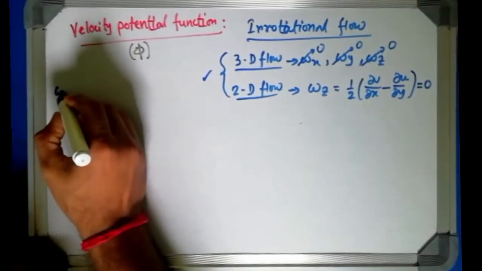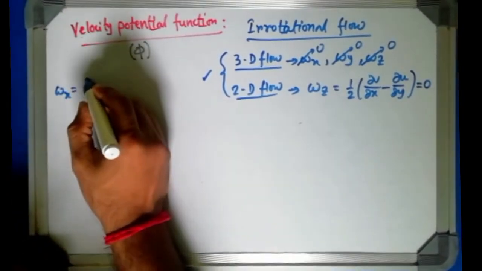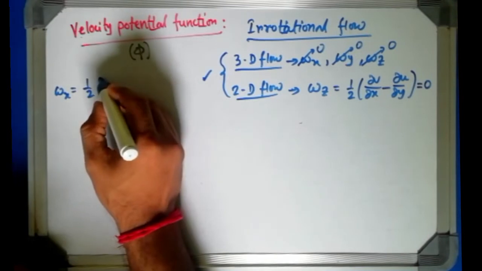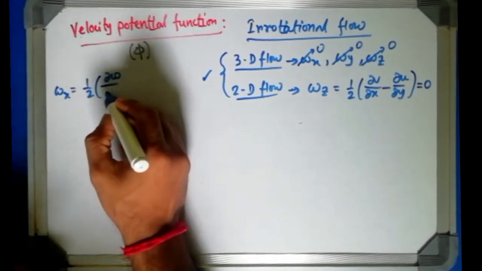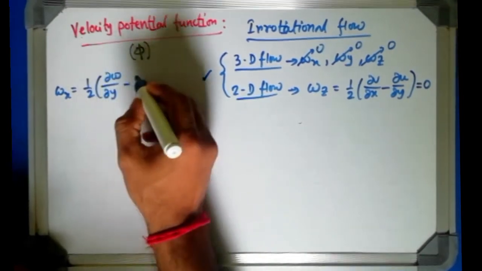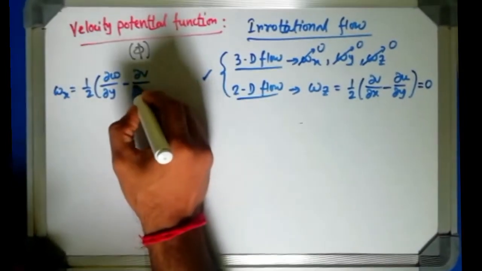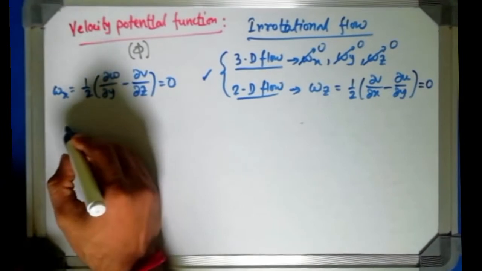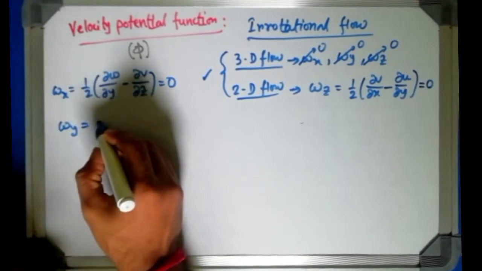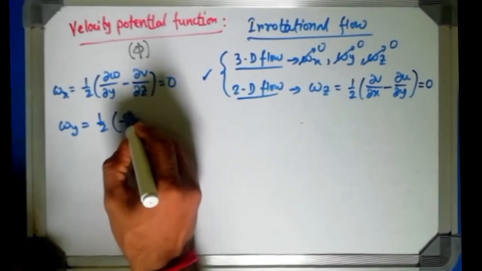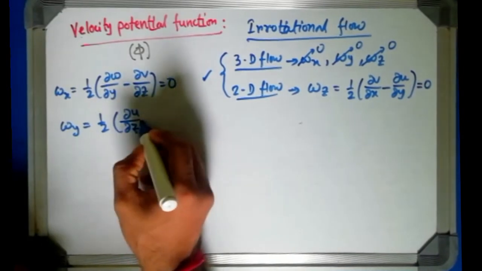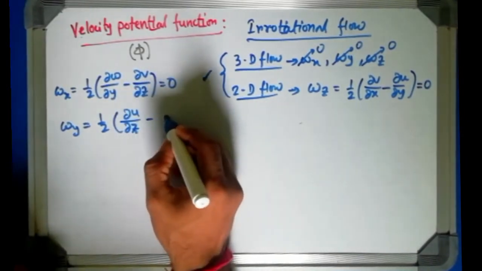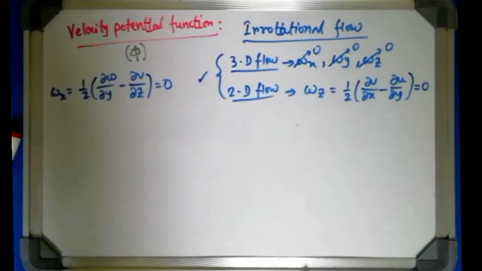So the omega x component is half del w del y minus del v del z. It is also 0 because it is irrotational, and omega y is half del u del z minus del w del x.